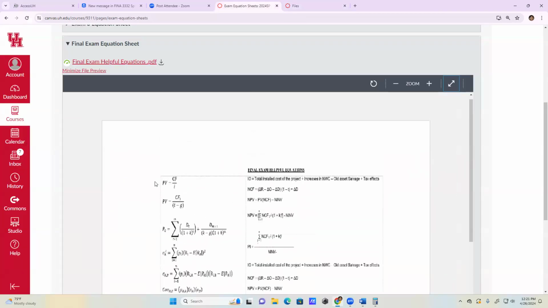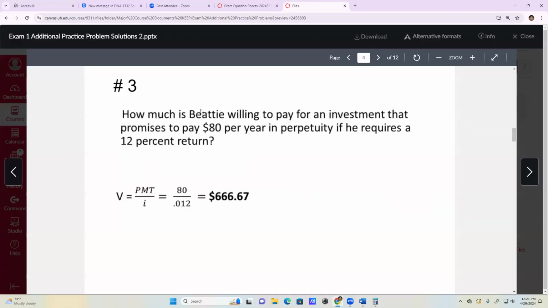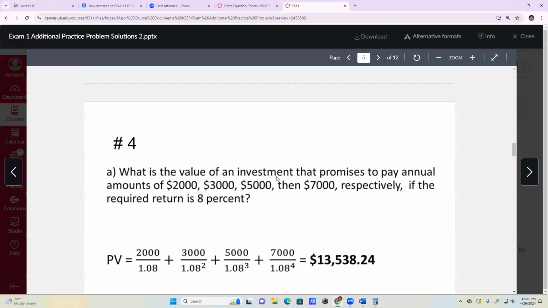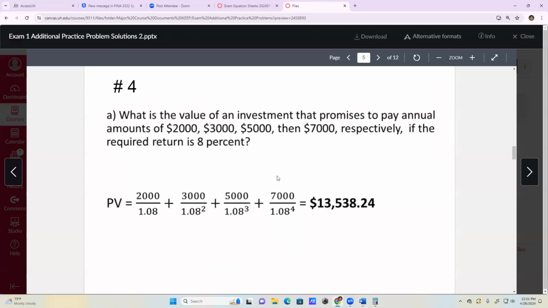It is this one right here. So just note that, just highlight the perpetuity, highlight the 80 and the 12% right here. If it gives you just those keywords, this is what they're talking about. All right. So, come to this problem.